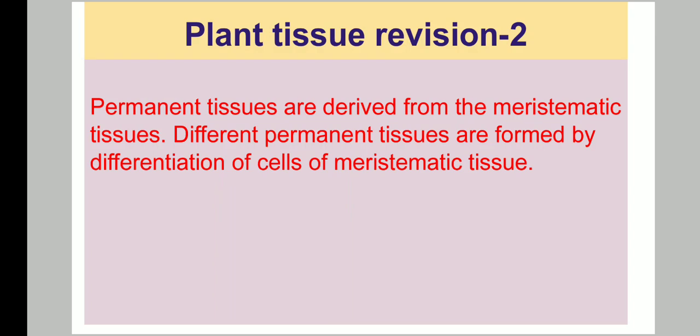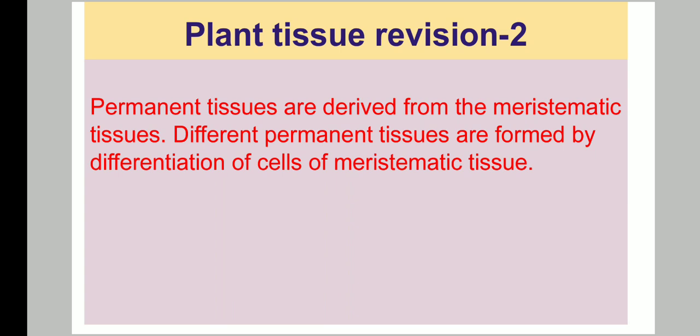Welcome class 9. We are revising plant tissues, and in the previous module we have done revision of meristematic tissue, and now the remaining permanent tissues we will discuss in this module.